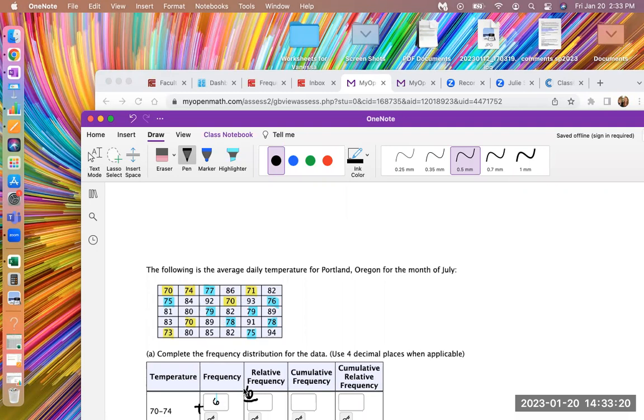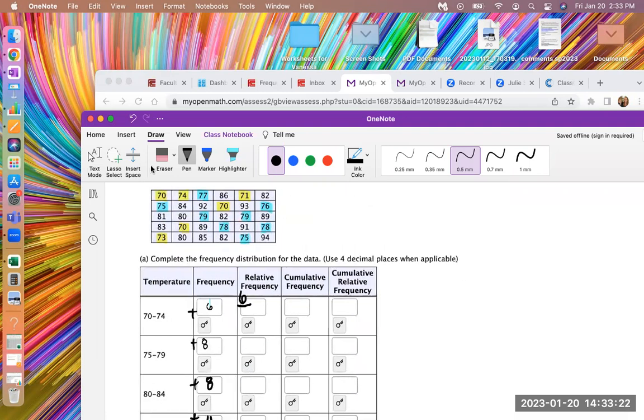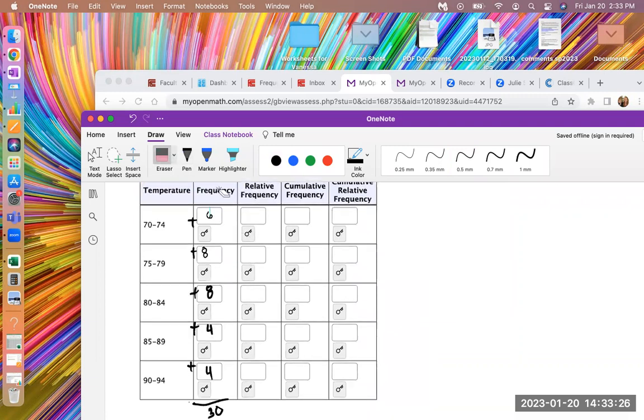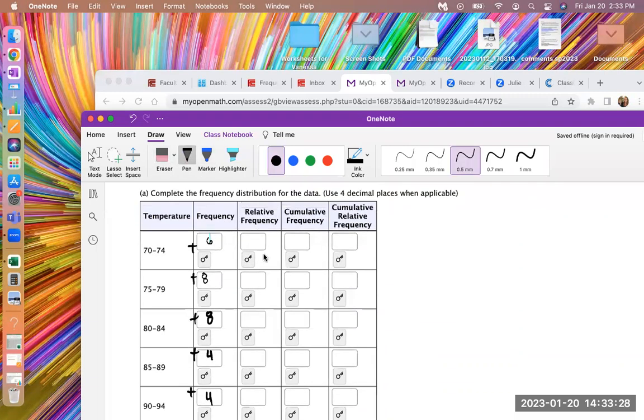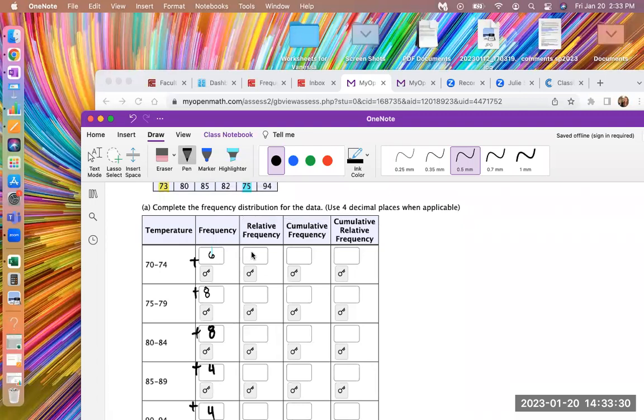So it is 30 observations. Okay, so to find the relative frequency, I take the frequency for this particular row and I divide by the total number of observations, or the sum of the frequencies. So that's going to be 6/30.